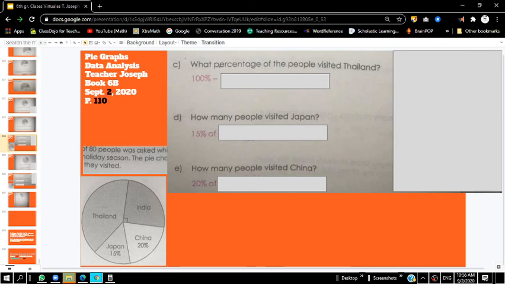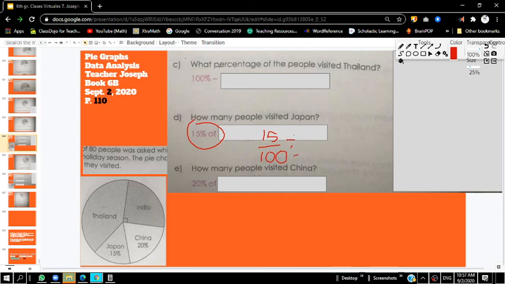Actually, all right, so if we know that 15% of the people visited Japan, and we wanted to figure out the percentage, we would take 15%, okay, which I can actually, let's just make this a smaller fraction so we can work with the smaller numbers. Divide both sides by 5, we have 3/20. And I can equate that to the amount of people. Okay, I put the 80 on the top. It actually goes on the bottom.